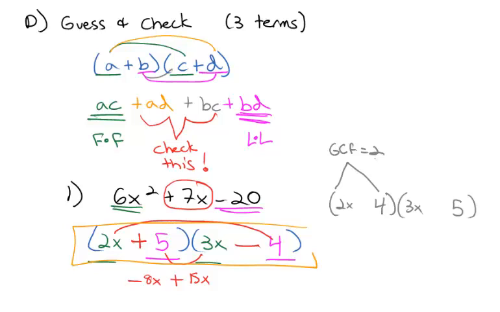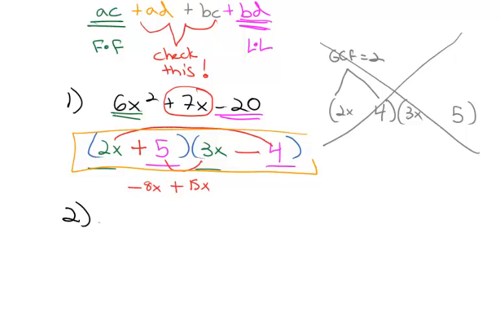We should never have a GCF inside a factor. So I knew right away that the 4 did not go with the 2 because they're both divisible by 2. The 4 had to go with the 3 because neither one had a common factor. They're only divisible by 1. So that helps me with my guess and check.